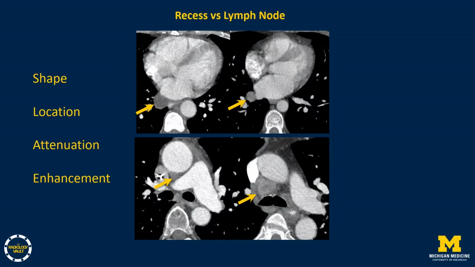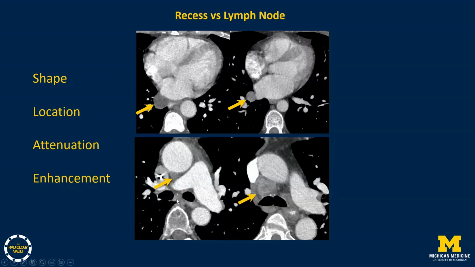On the first image on the left, the arrow points towards the right pulmonary venous recess. Notice the typical location, fluid density, and non-enhancement. On the right, you can see a lymph node that is in a similar location but has soft tissue attenuation and is probably enhancing.